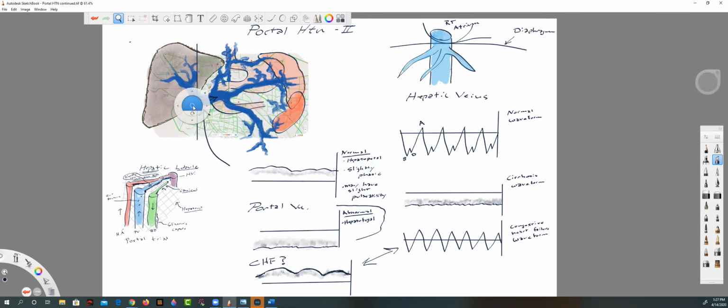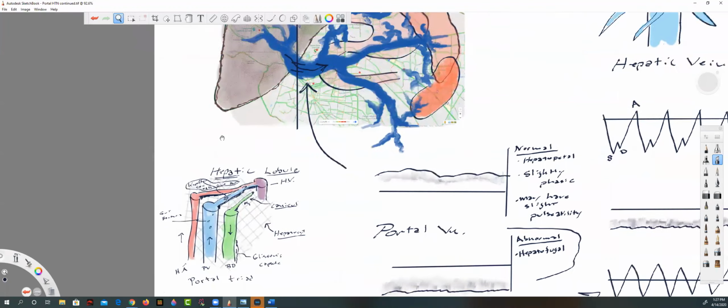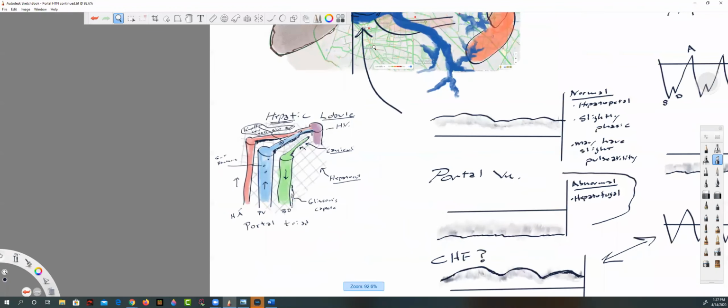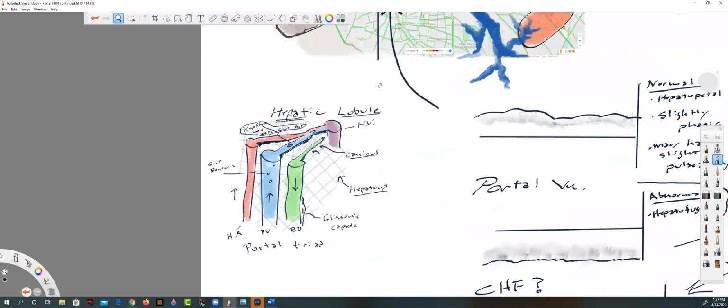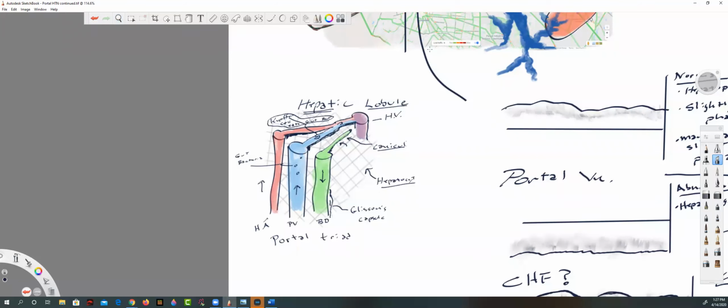Let me mention this guy over here again. So remember, now I have the portal vein over here, colored blue, and the hepatic artery, colored red.